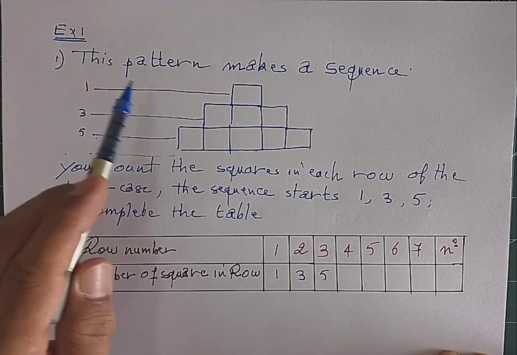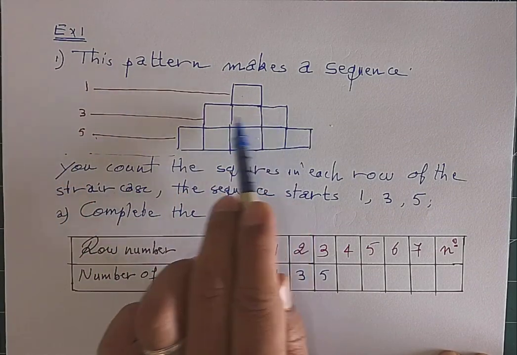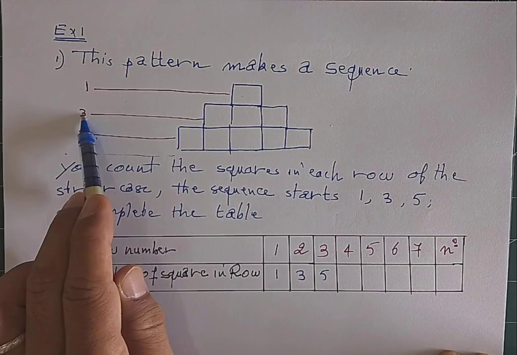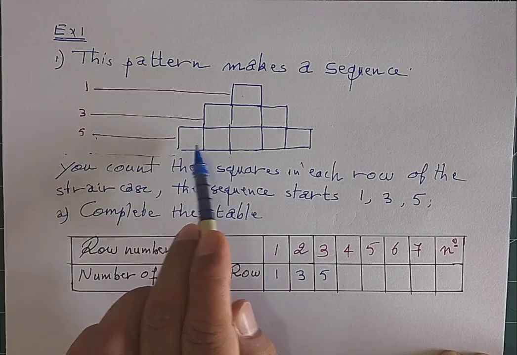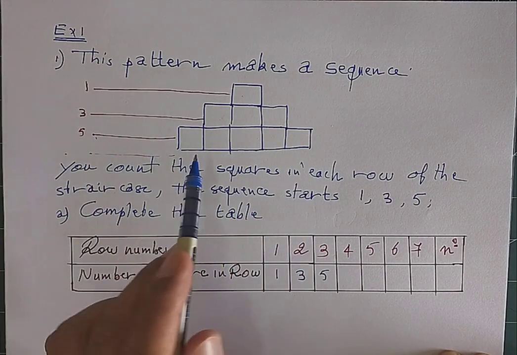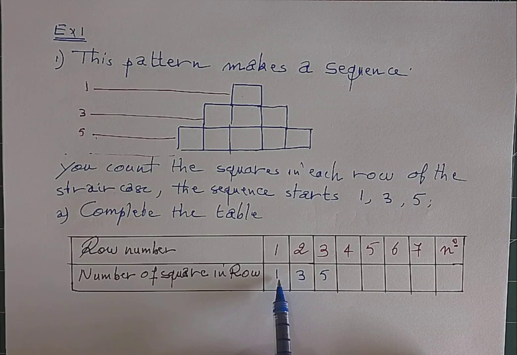Let's start again. Here we have 1, I add 2, in the second row it is 3. I add 2 squares, it will be 5, and so on. So the step from term to term is 2.